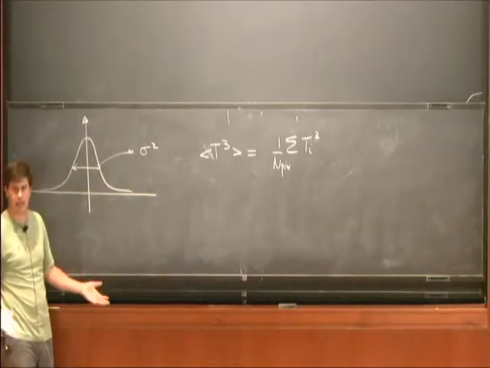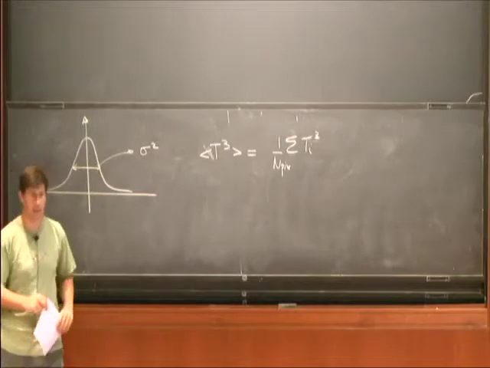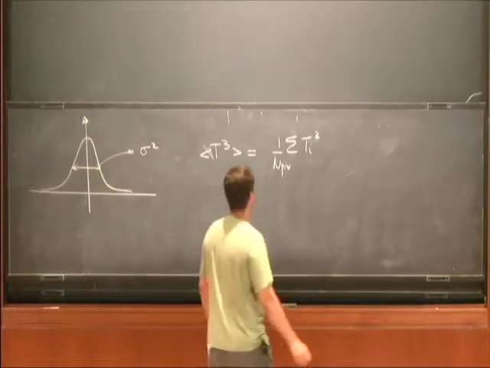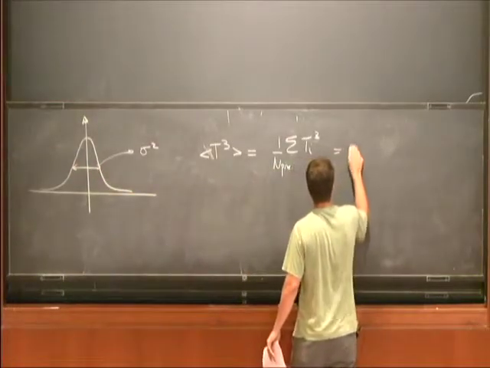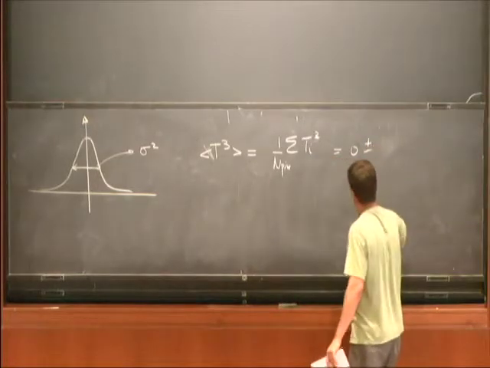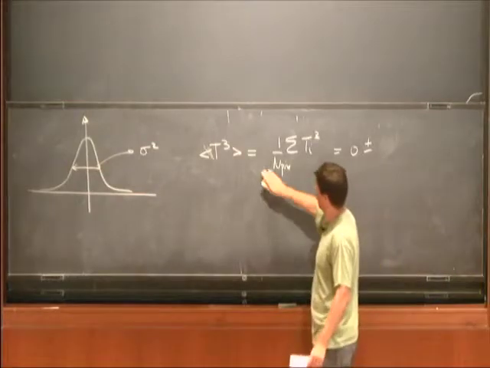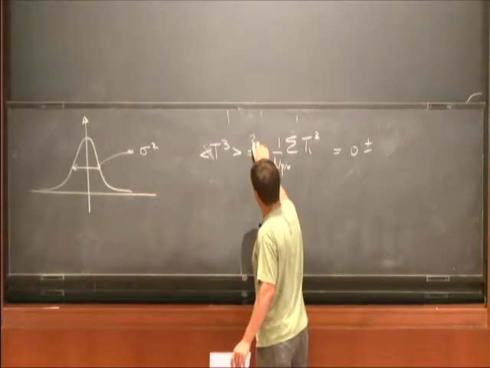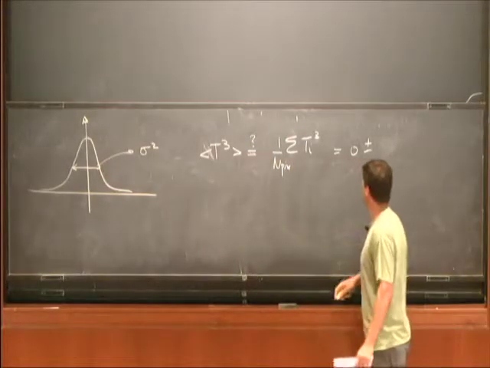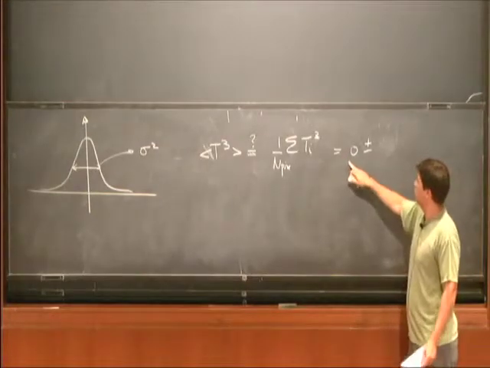You will not magically cancel, just the average has to cancel. In fact, you're trying to see if the average is 0 or within the typical size of the spread that you will get if you do this. So if you wanted to measure this, you would do something like that, and the question is, do you get 0 or not?